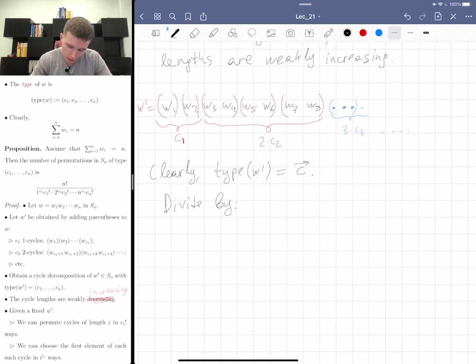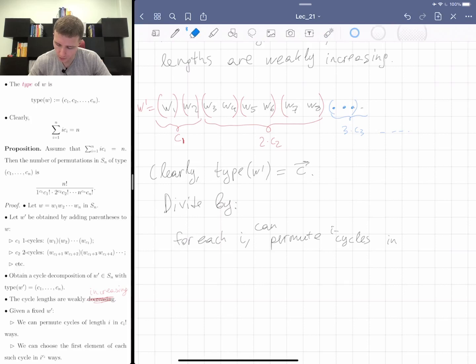For each i, I can permute the cycles of length i in c_i factorial ways. And then also inside of each cycle I can permute the elements cyclically. Right? So I can write 1, 2, 3, I can also write 2, 3, 1 or 3, 1, 2.